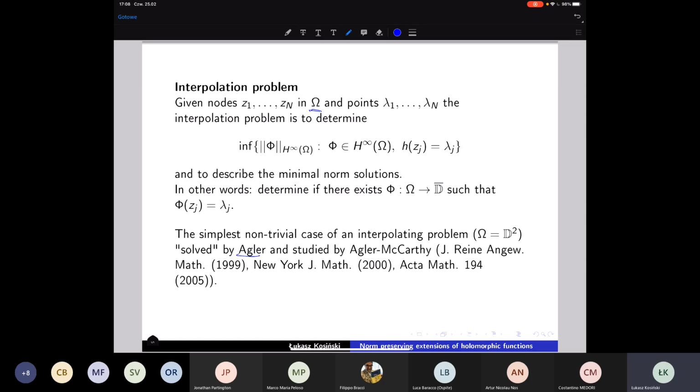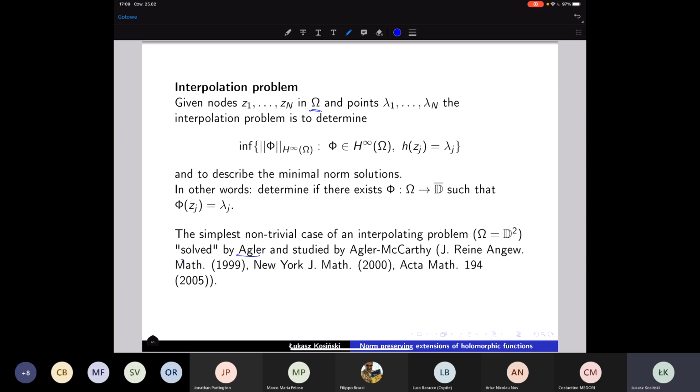He never published his paper, but it was then investigated more deeply in a sequel of papers by Agler and McCarthy in 1990, 2000, and 2005. The solution is far from being concise. But this is a little bit beyond the scope of this lecture.